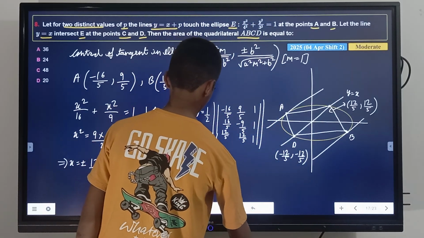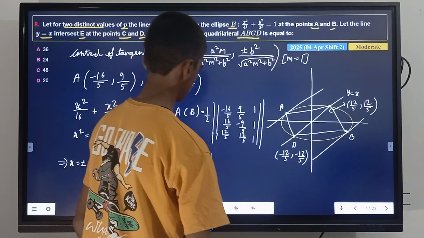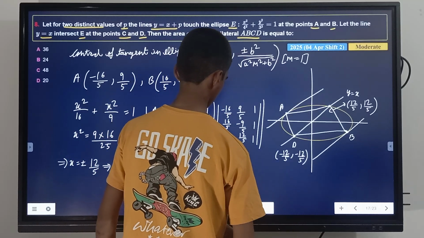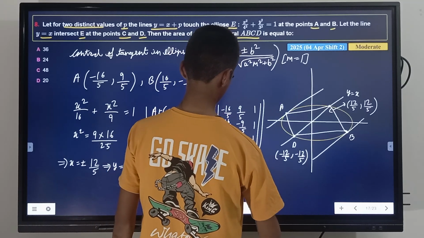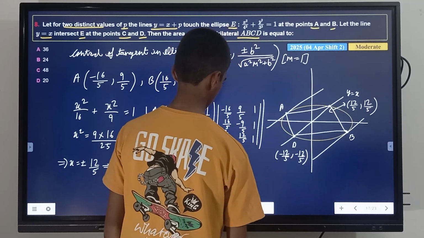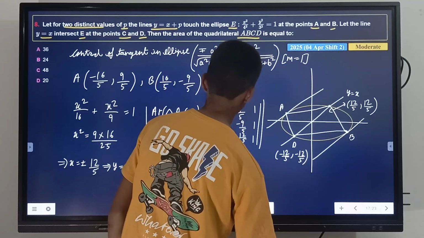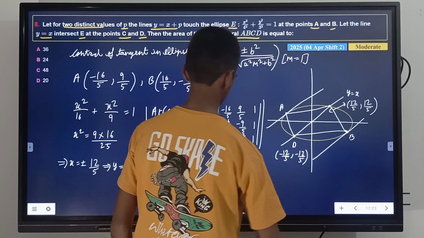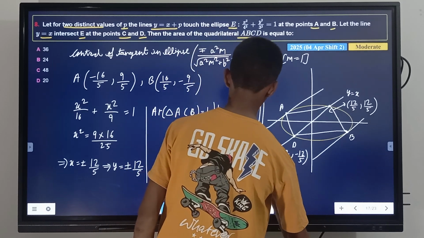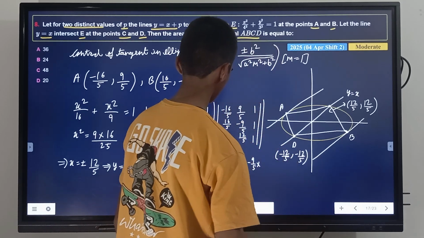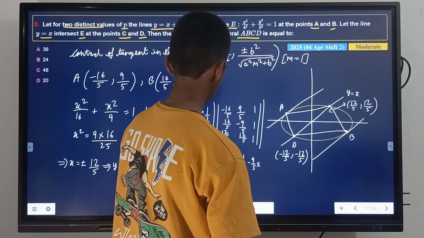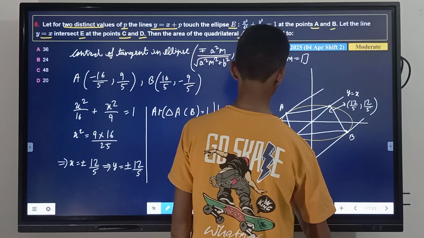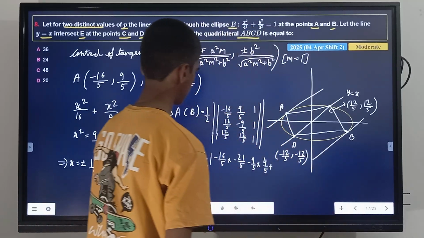This is equal to 1 upon 2 mod of, let's open the determinant, minus 16 by 5 into minus 21 by 5 minus 9 by 5 into 4 by 5 plus 1 into 16 into 12.